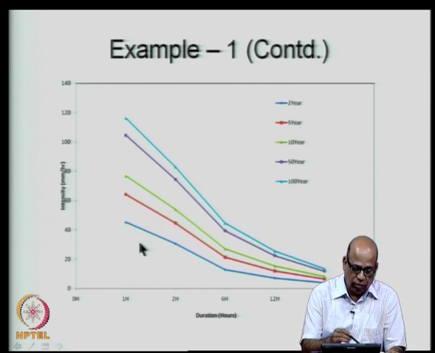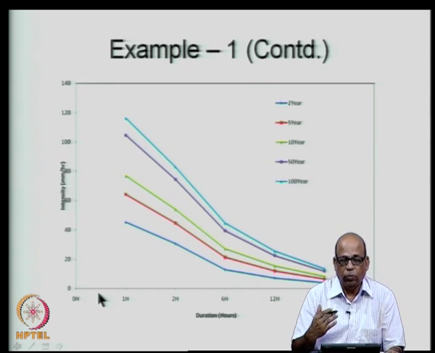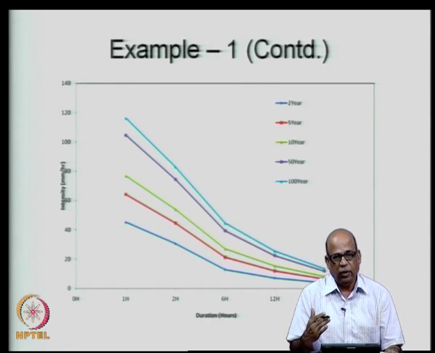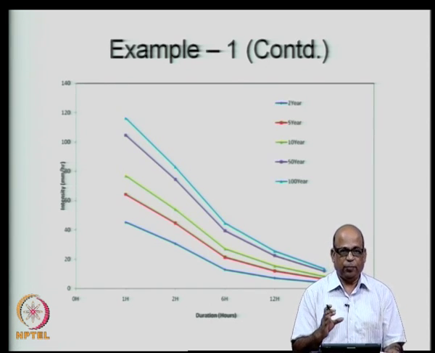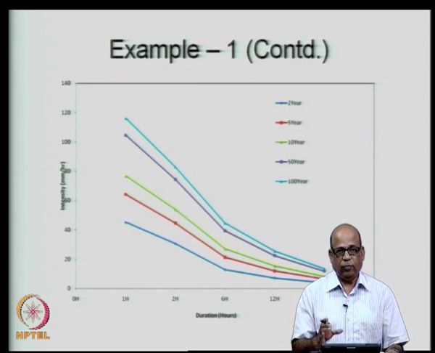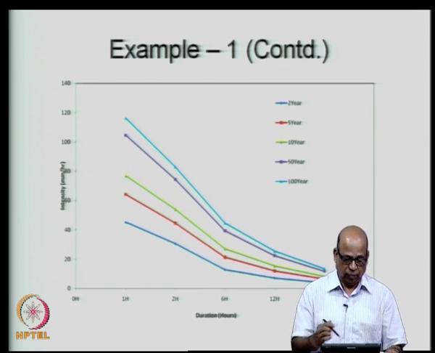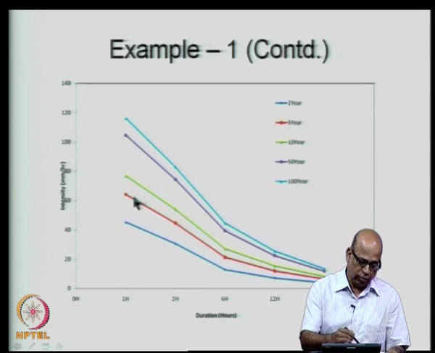And typically, as I mentioned, we go much below 1 hour, that is we may also have data on half an hour duration, 15 minutes duration, 12 minutes, 5 minutes and so on. So, specifically for urban drainage designs, you must have data, preferably continuously monitored data, or at least once in 10 minutes data must be available, in which case you also extend these based on the actual observed data.